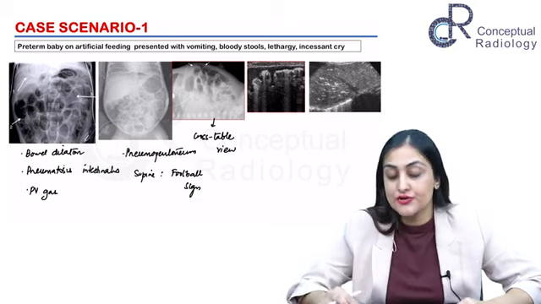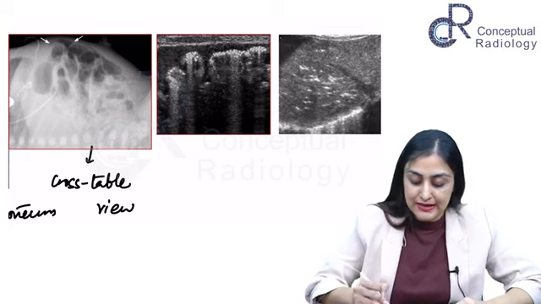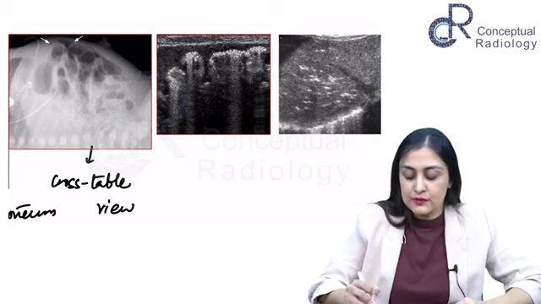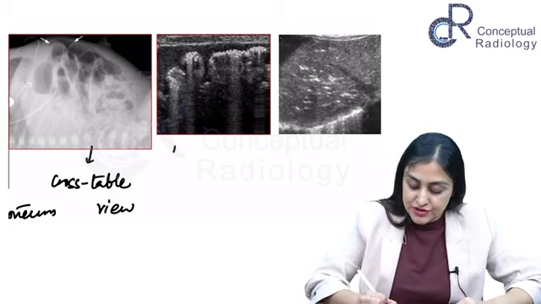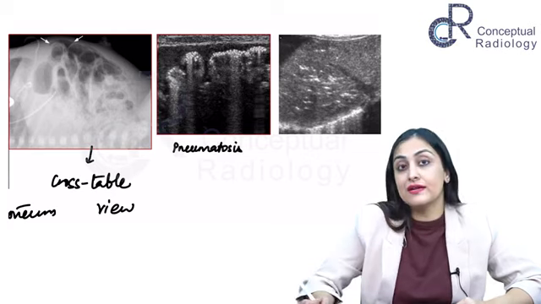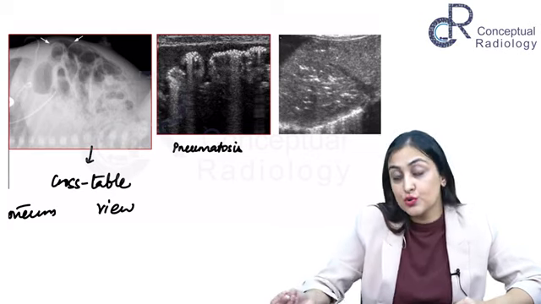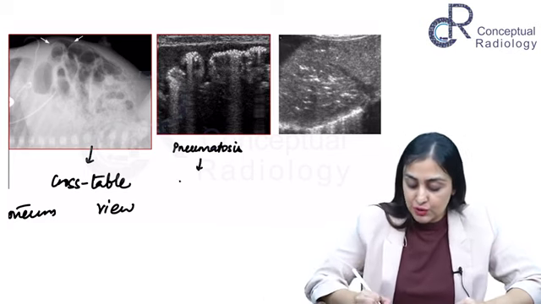Then talking about ultrasound. Ultrasound again is going to show you this intramural air. This is pneumatosis, which is showing you this entrapped air. Ultrasound has the advantage that pneumatosis can be differentiated from intraluminal air. How do you distinguish pneumatosis from intraluminal air? Remember, pneumatosis is not going to move.